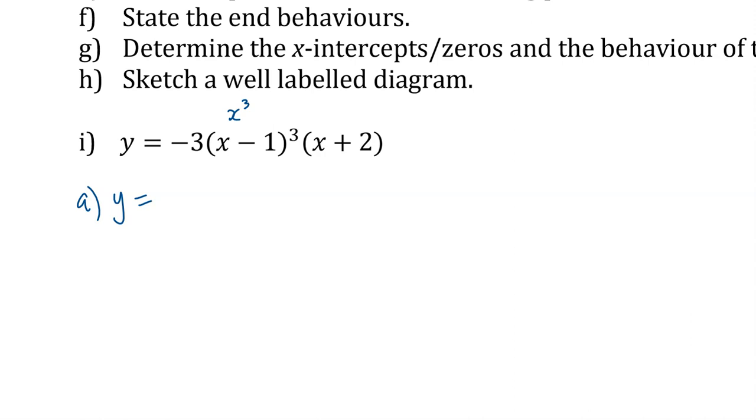Does that make sense? And this one is just x. So my first term would be negative 3 times x cubed times x when I expanded all the way through. So it would be negative 3x to the 4.